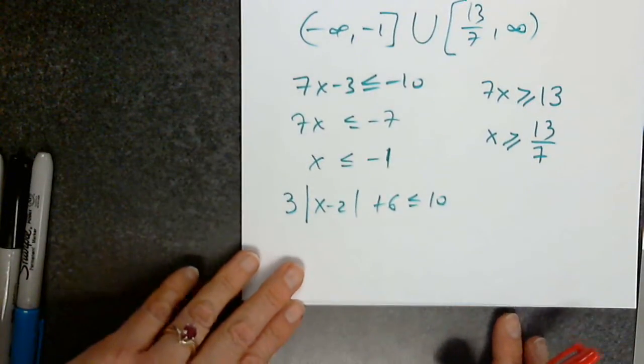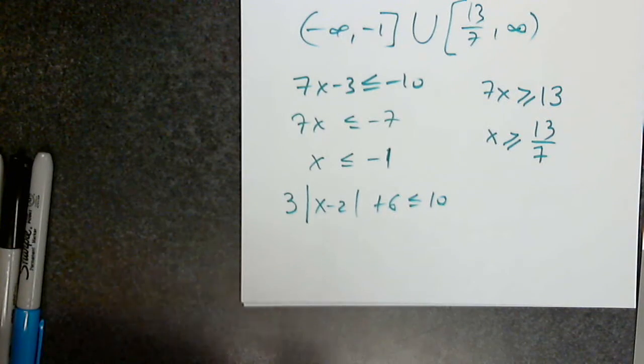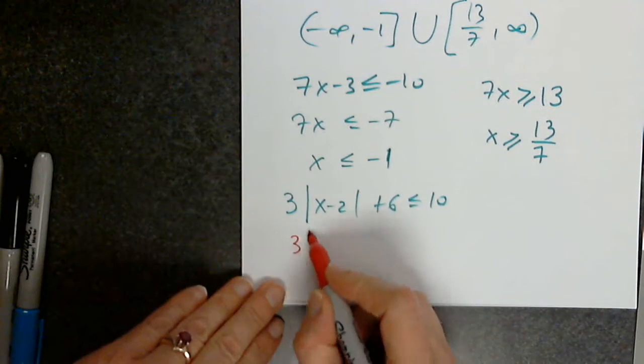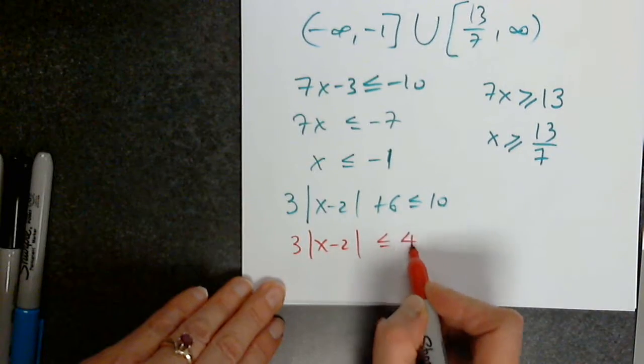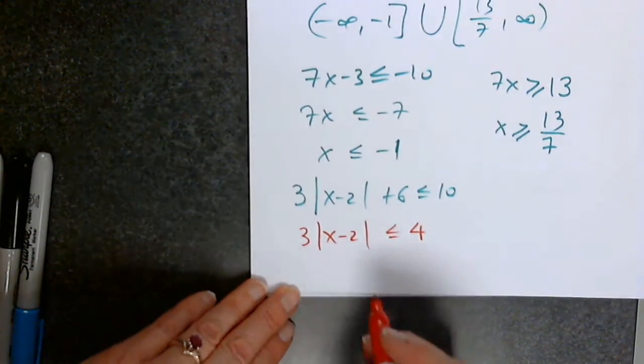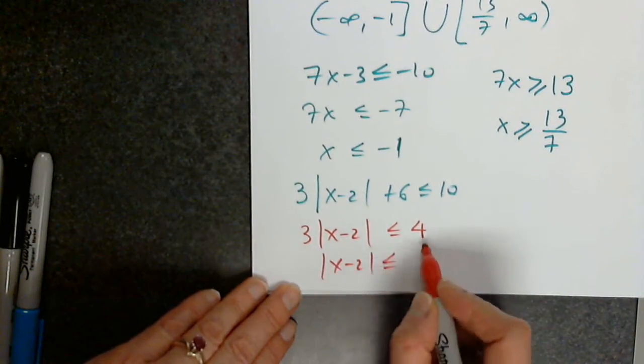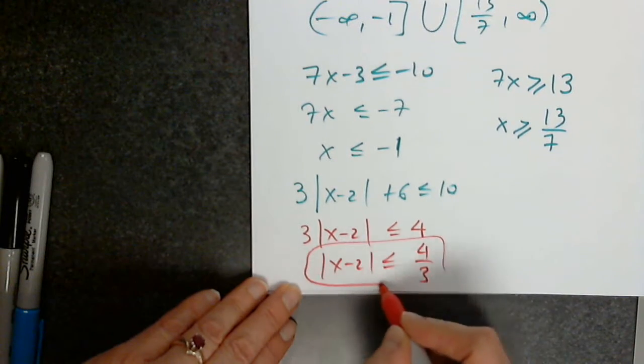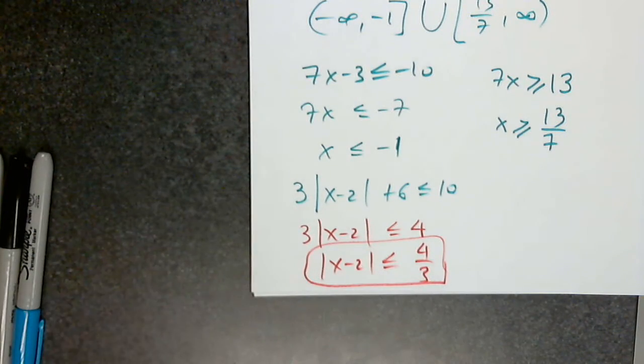What will you do first? Subtract 6. Good. Divide both sides by 3. Excellent. We cleaned it up completely. Now, if we don't remember how to continue, we can't touch this.